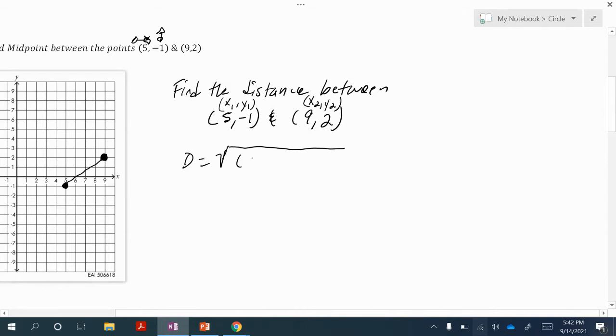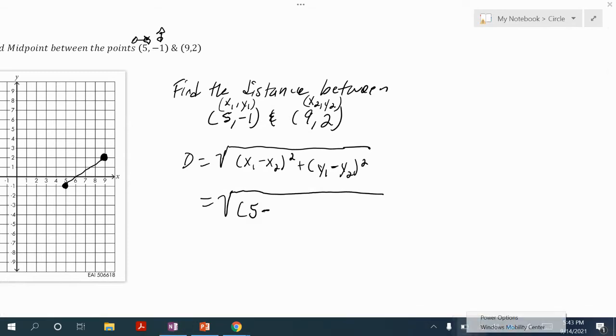So recall that the distance formula is the square root of x sub 1 minus x sub 2 quantity squared plus y sub 1 minus y sub 2 quantity squared. And now I'm going to substitute. So x sub 1 is 5, and I have a minus because there's a minus in my formula.